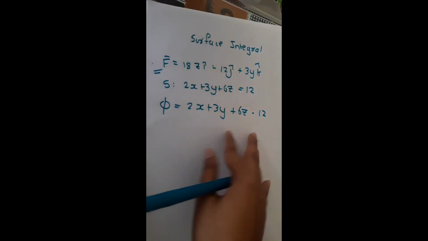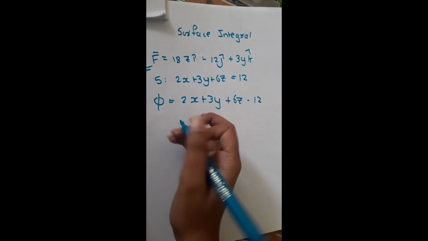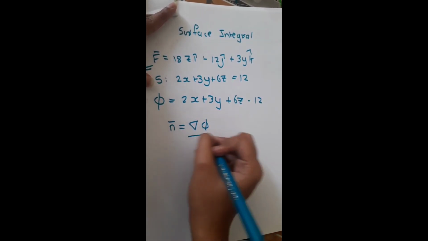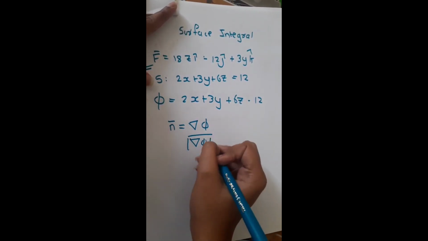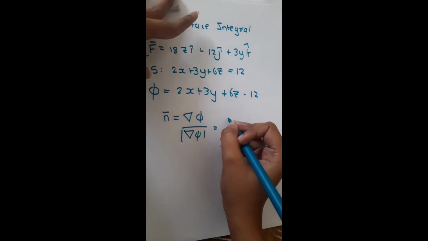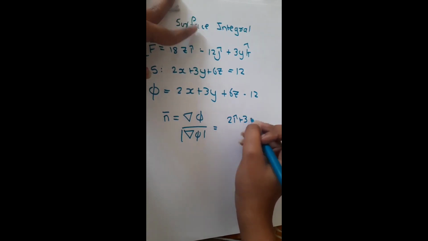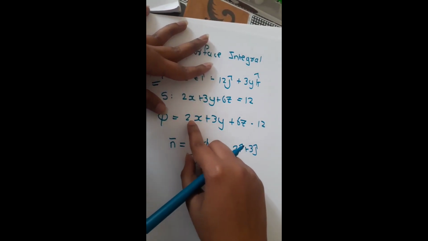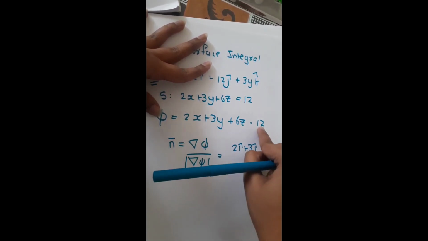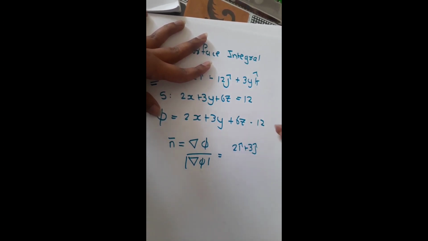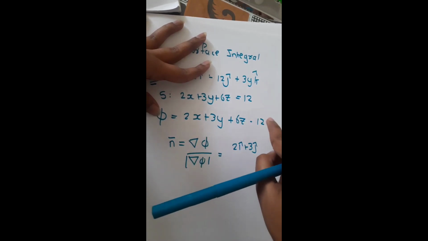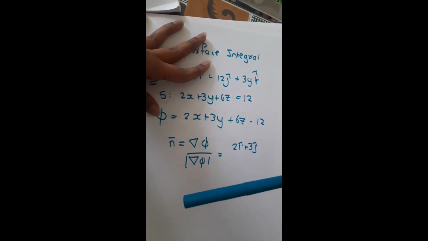Now we need to find n bar. N bar is del phi upon modulus of del phi. So I will find del phi. We differentiate this whole equation with respect to x for i cap, with respect to y for j cap, and with respect to z for k cap.